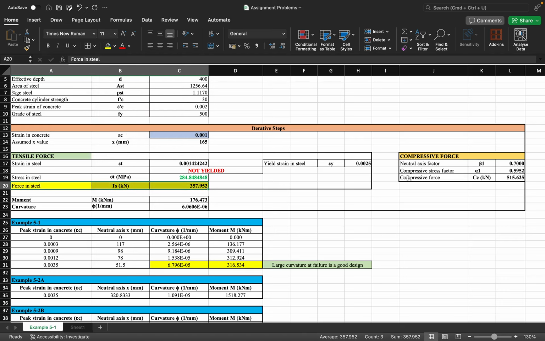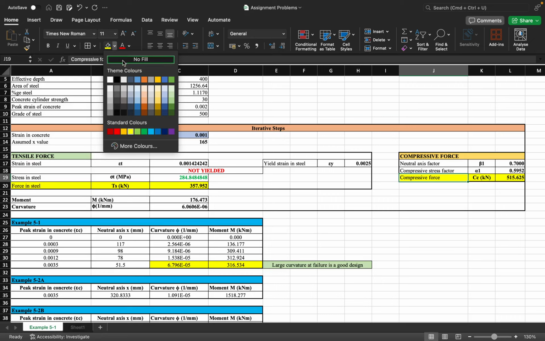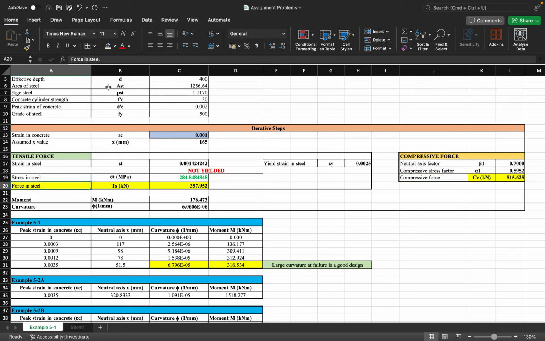So these two values have to be the same. I'll highlight only that. Excuse me. Could you suggest the value of x once again? We need to balance the compressive force and the tensile force. Any suggestions?